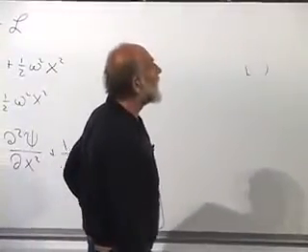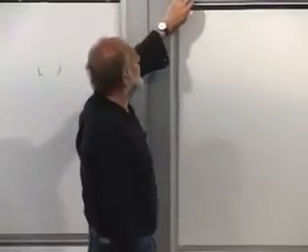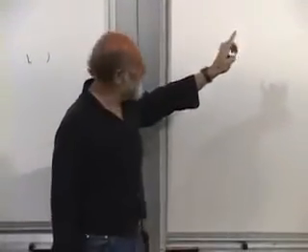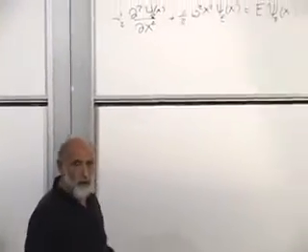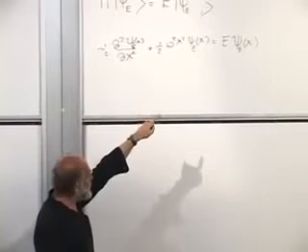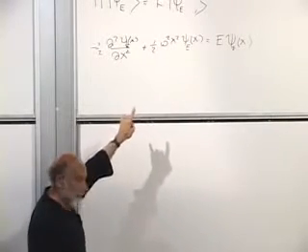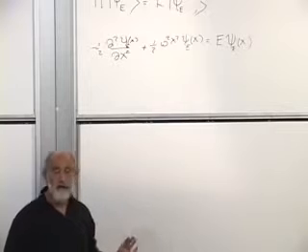All right, I will tell you what happens when you start looking for solutions. If you start solving this equation, you will find out that when you solve it for energy E, when you solve for psi of x, you essentially find two solutions.